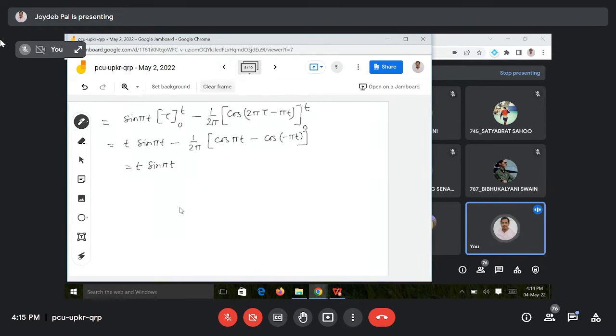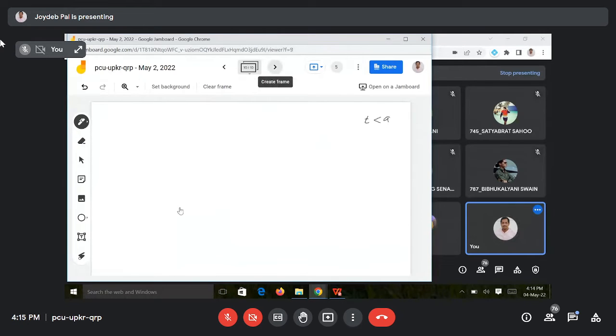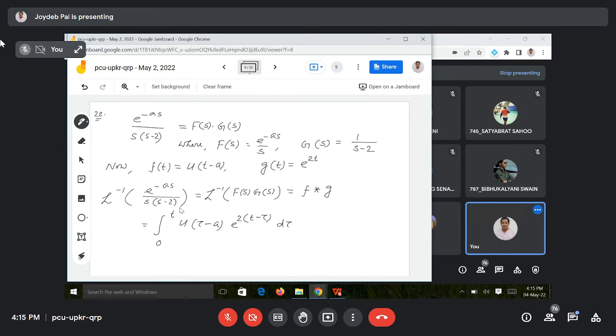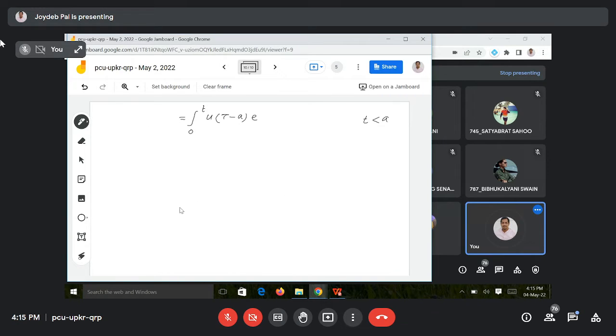If t is less than a, in that case we have the integral from 0 to t of u(tau minus a) e to the power 2 into (t minus tau) d tau. What will be the value of this integration?